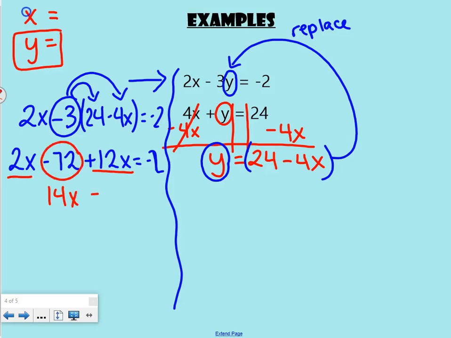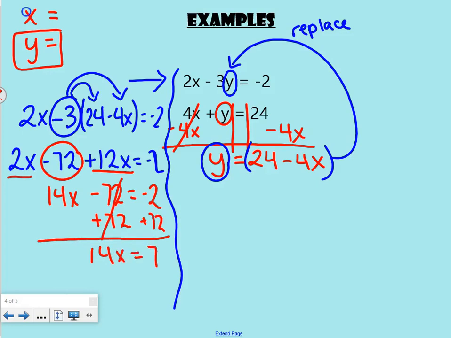Minus 72 is left over, equals negative 2. Add 72 to both sides. We get 14x equals 70. Last step, to get x all by itself, we have to divide by 14 on both sides, and x equals 5. We're not done yet though.